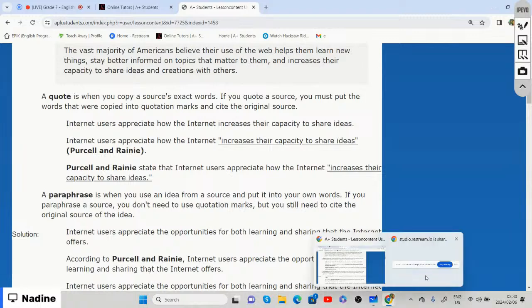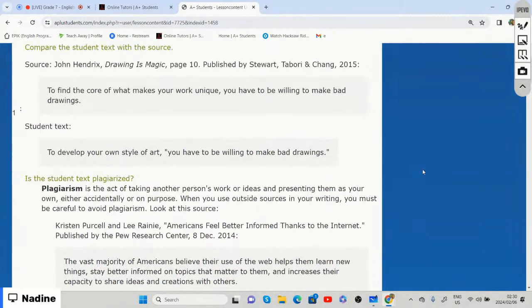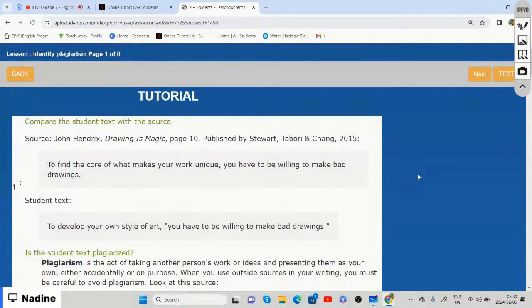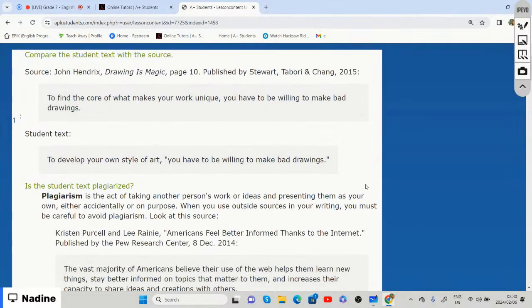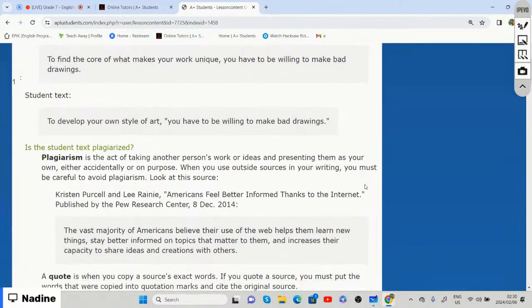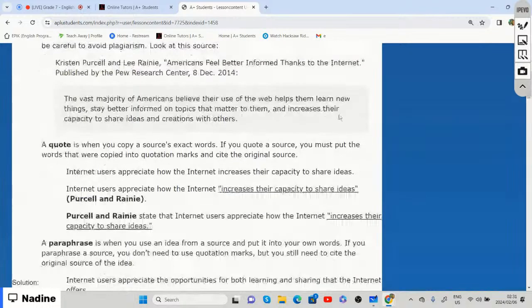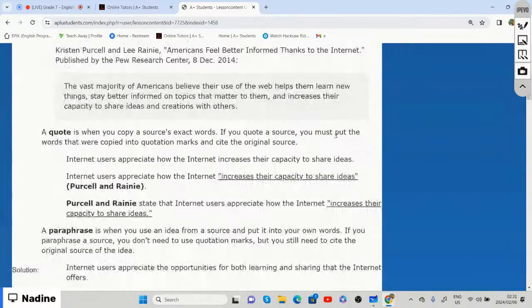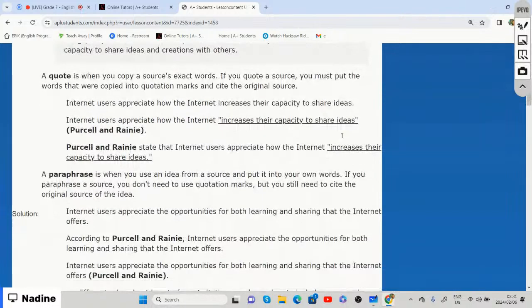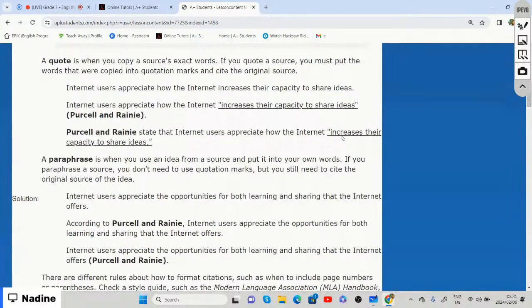And once again, plagiarism is the act of taking another person's work or idea and presenting it as your own.